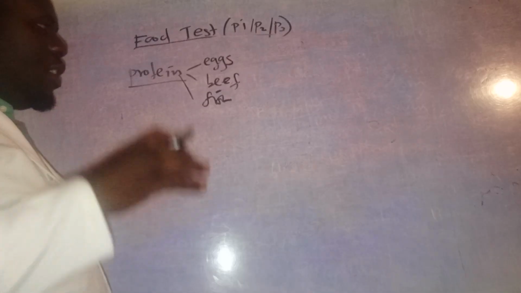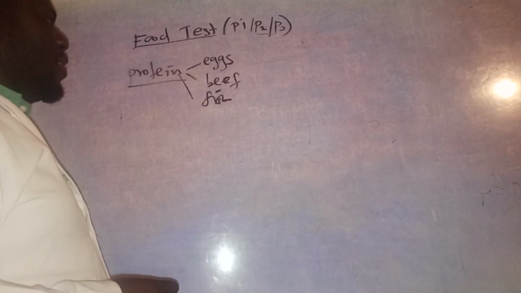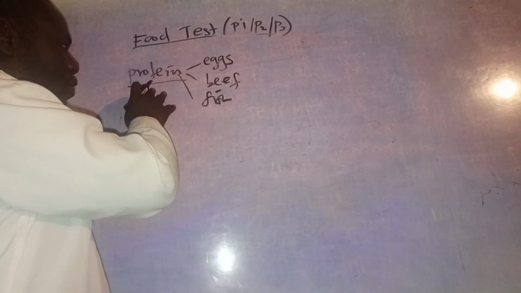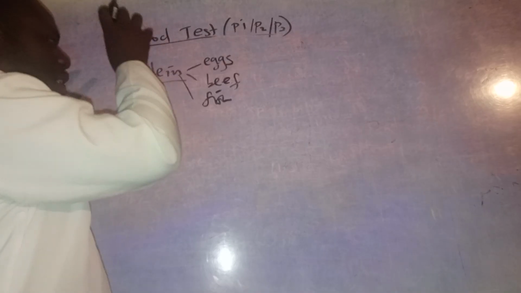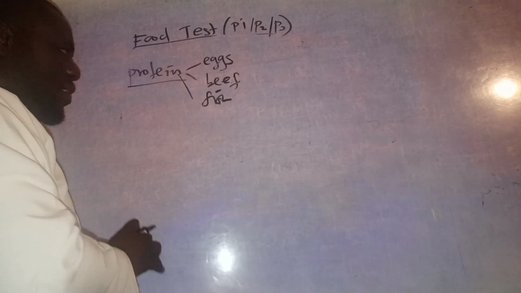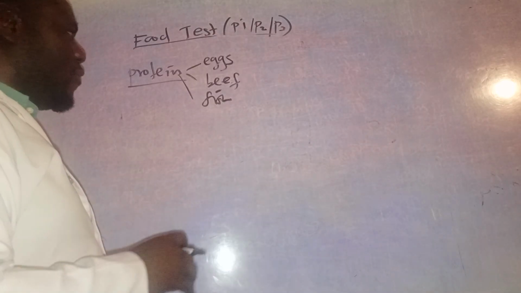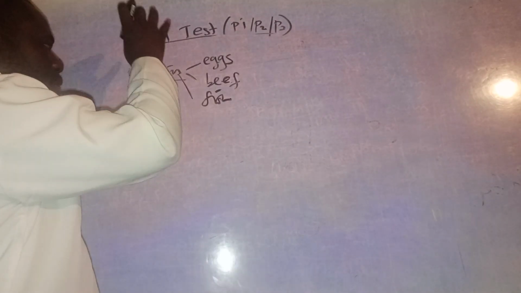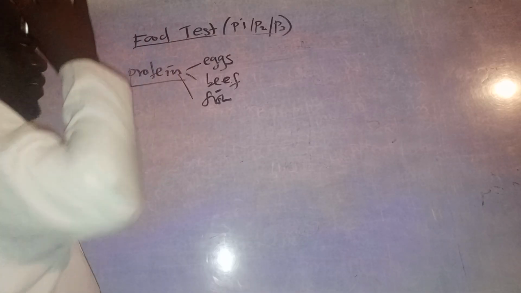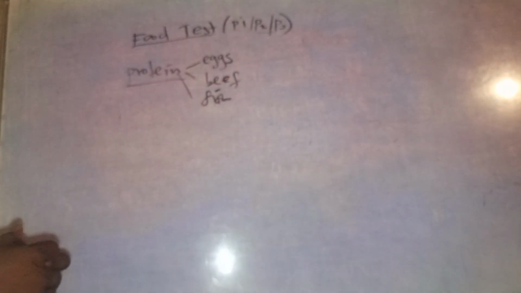So I want you to research on this part: the type of disease which is caused if protein or carbohydrates is lacking in the diet. Apart from that, what are the importance of protein and carbohydrates in the body?